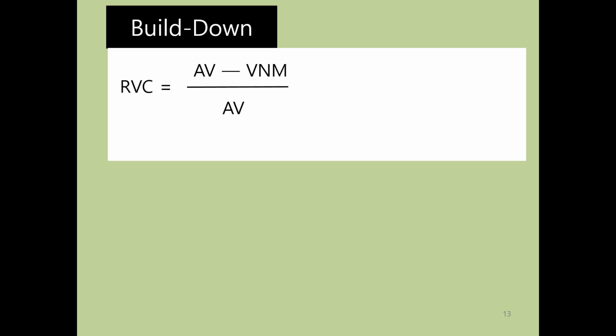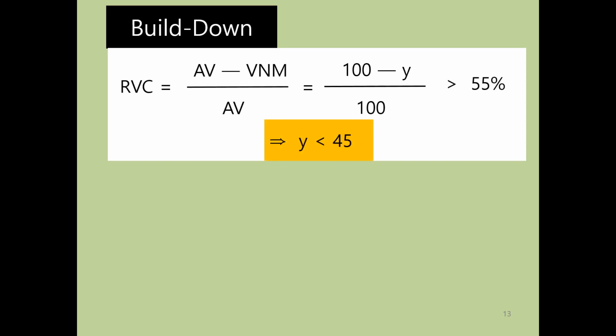In the previous assumption, AV is 100 and VNM is Y. So it is (100 minus Y) divided by 100. That should be more than 55%. After calculation, we can know that Y should be less than 45 to satisfy the build-down method.